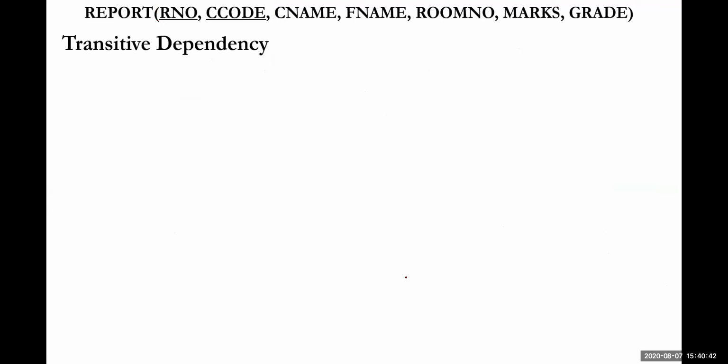Then followed by transitivity. This transitivity is already known to you from MFCS or even from 10th class.